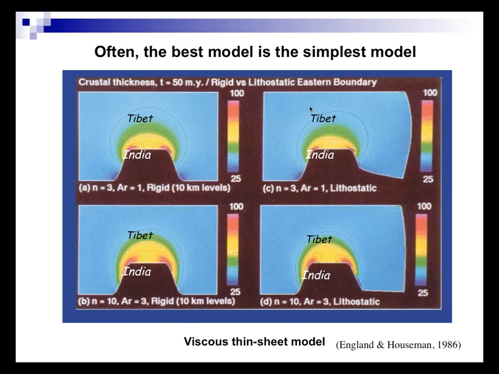Also, this model predicted that this thickening process propagated gradually from south to north, and that seems consistent with a lot of geological record that shows how the lithosphere deformation started in the south as a consequence of this collision. So sometimes, I would say many times, the best model is the simplest because it captures the basic physics.